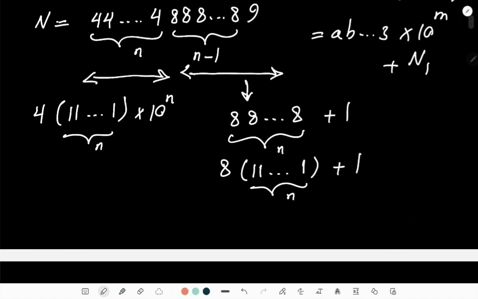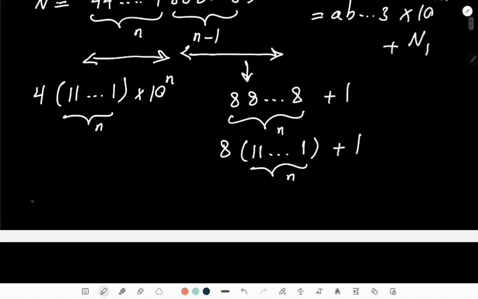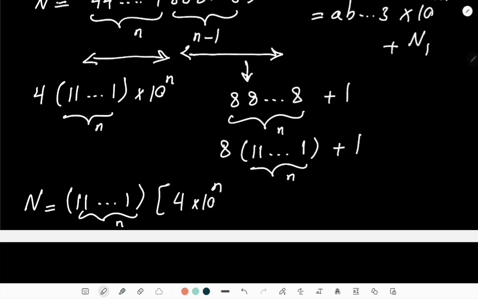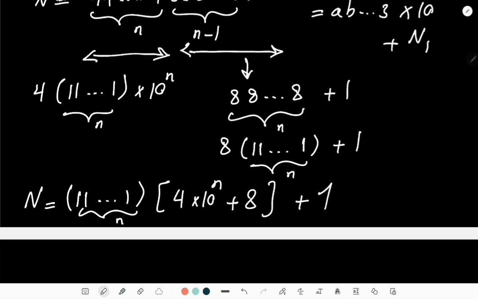So perfect. Now I can factorize the common factor, which is 1, 1, 1, n times. I can write n equals 1, 1, 1, n times, times 4 times 10 to the power of n plus 8, and here I have still 1 left.